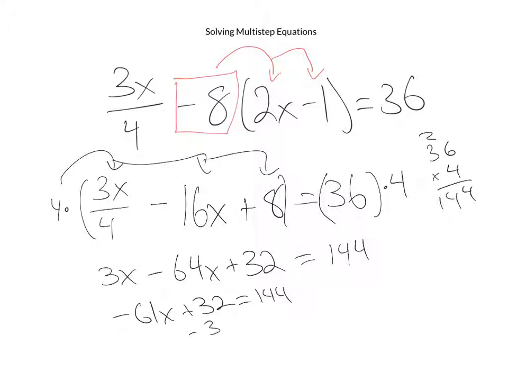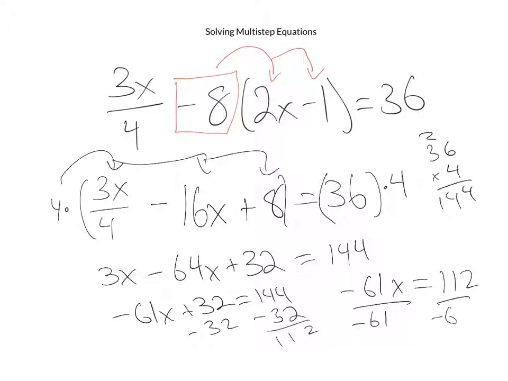We can subtract 32 from both sides, and we get negative 61x equals 112. And then we can divide both sides by negative 61. And there's no simplification available beyond that. So our final answer, x equals negative 112 over 61, and we leave that as our final answer.